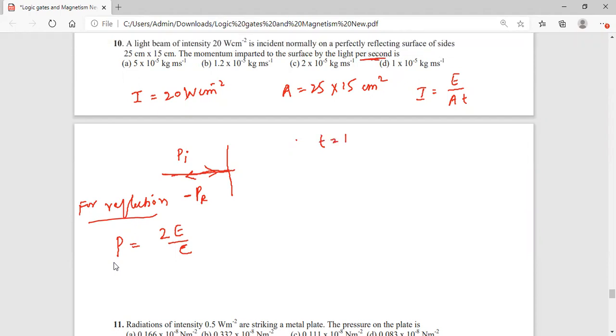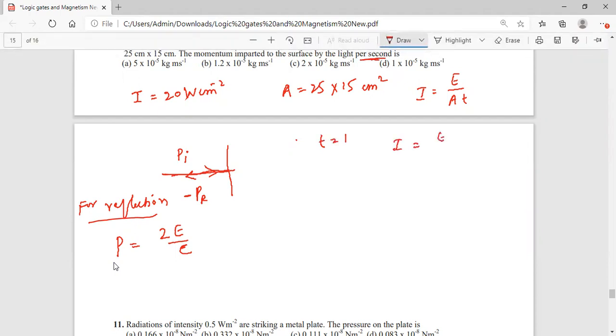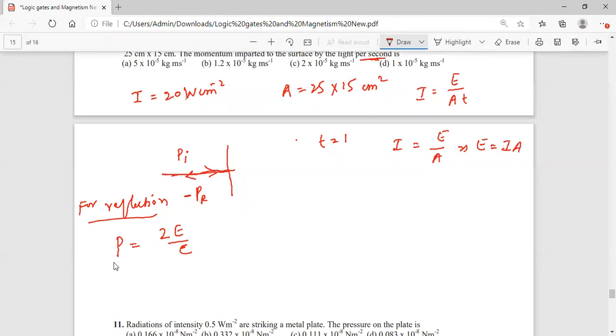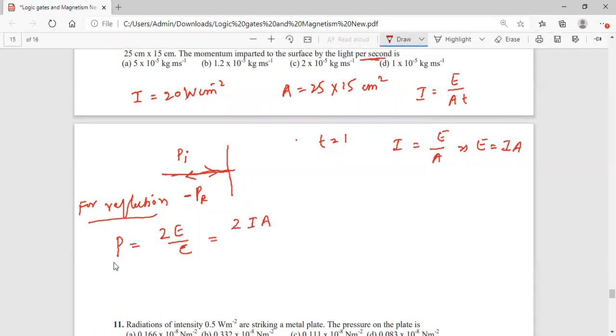If you take T equals 1, I is equal to E by A. That implies E is equal to I into A. Therefore, this equation becomes 2IA by C.